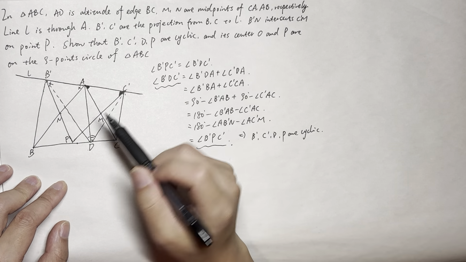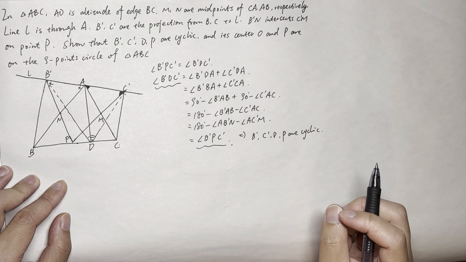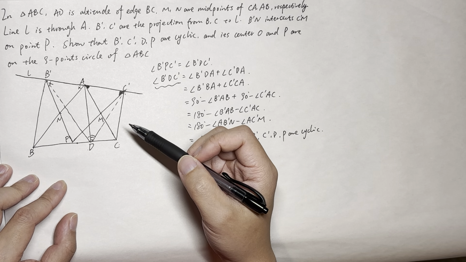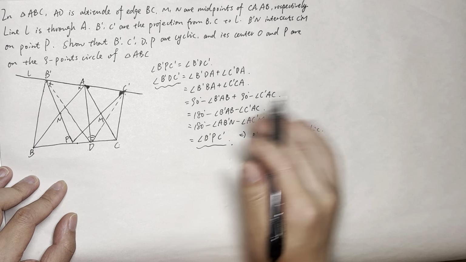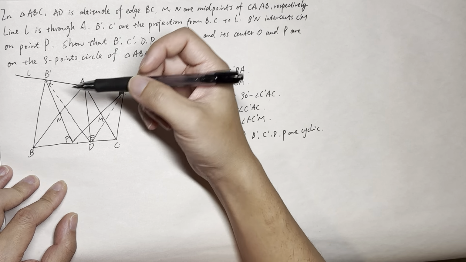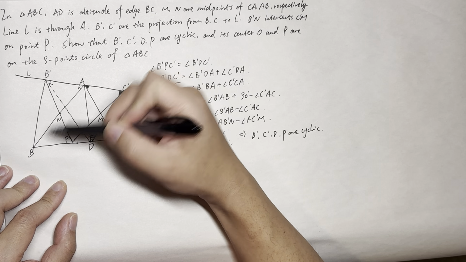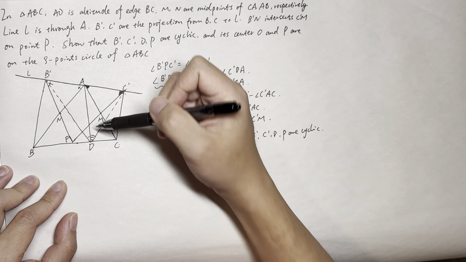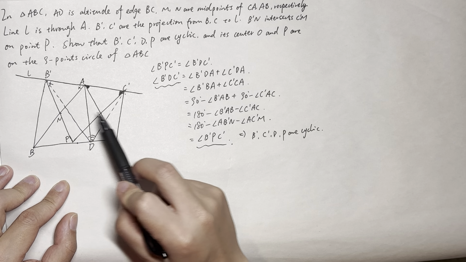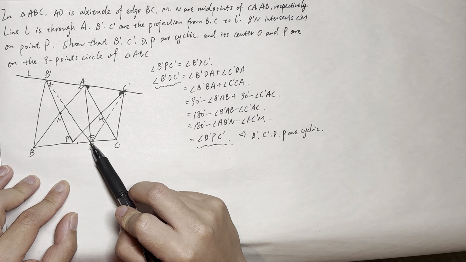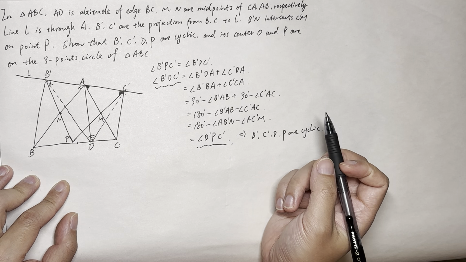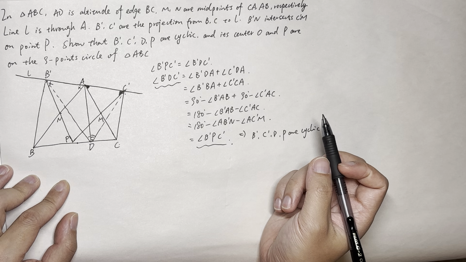We already know that 3 points can define a circle, and in this case, those 3 points can be the midpoint of AB, the midpoint of AC, and the foot of the altitude AD, right? So N, M, D. We just need to prove that N, M, D, P are cyclic.